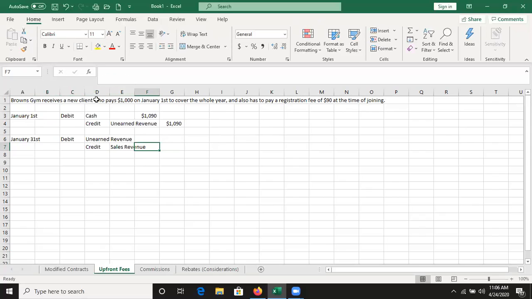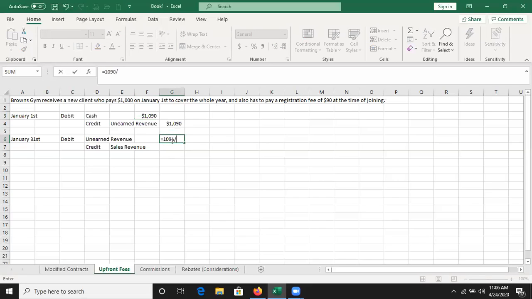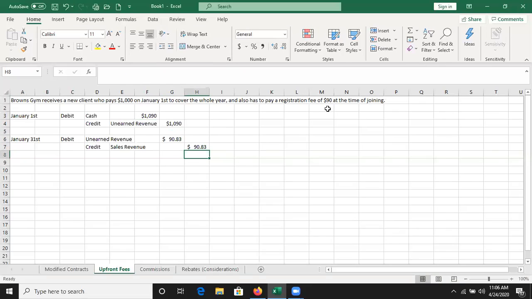So since this was for the entire year, we're going to divide this total by 12. So we're going to do 1,090 divided by 12. Not divided by 1, divided by 12. Okay, and this is going to be the same. So now when we recognize our monthly revenue, we're going to recognize sales revenue not only for the 1 month's worth of the $1,000, but also for 1 month's worth of the registration fee.